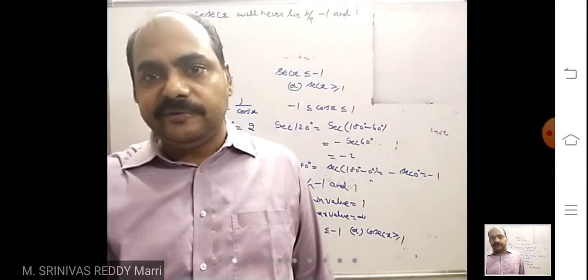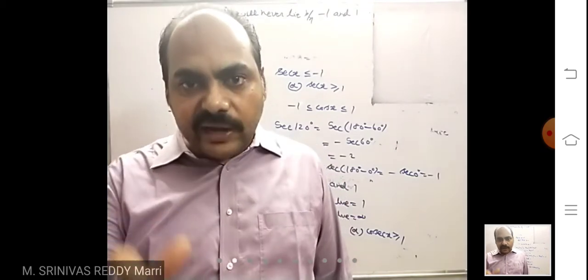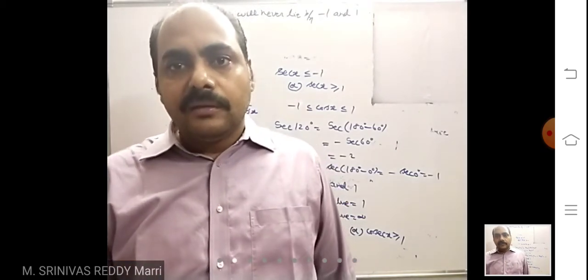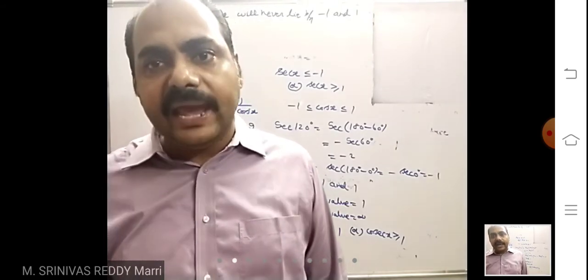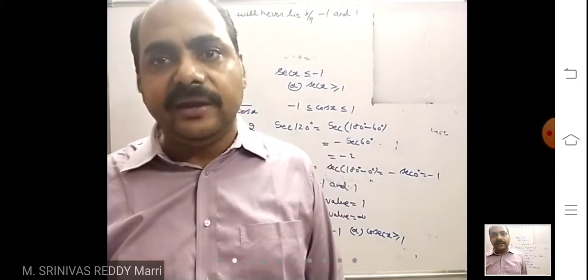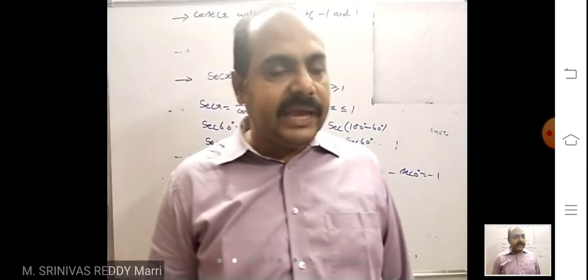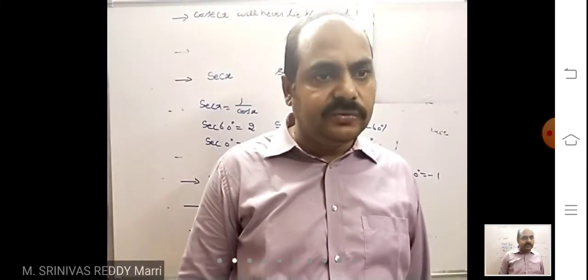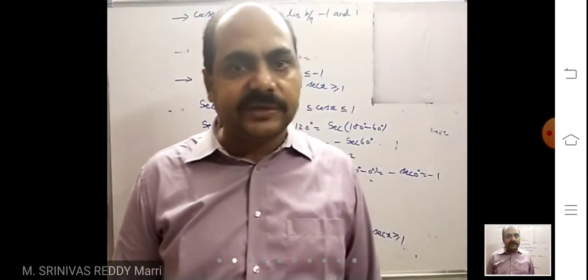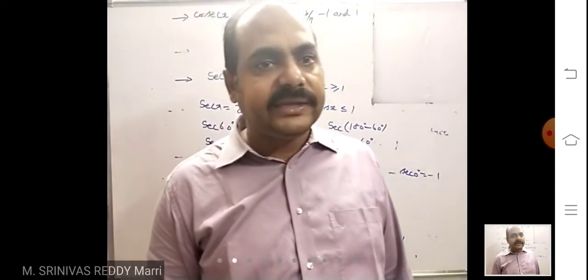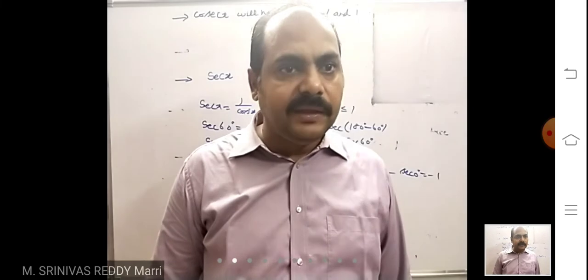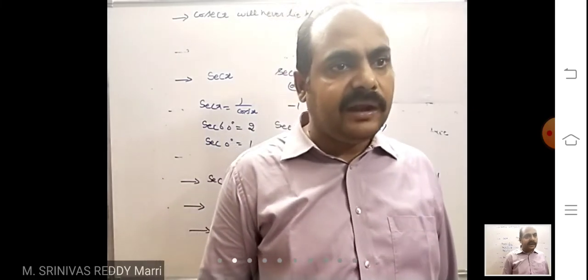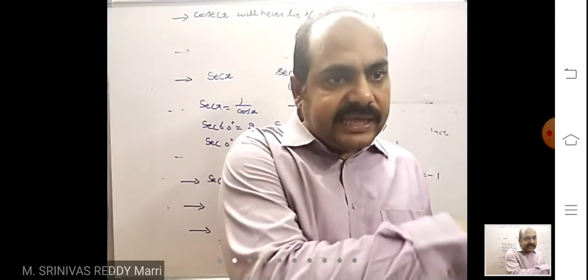Sin x lies between -1 and 1. If you get any value more than 1, it is not permissible because there will be no angle such that sin x equal to 3 by 2. Suppose I have given sin x equal to -2. Is there any angle such that if we substitute x, it will become -2? Not possible because sin x will always lie between -1 and 1. So -2 is less than -1.